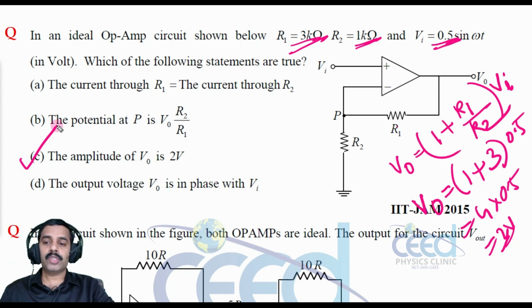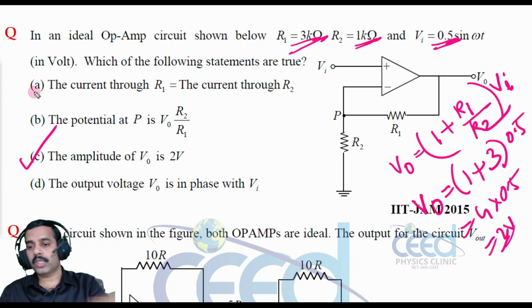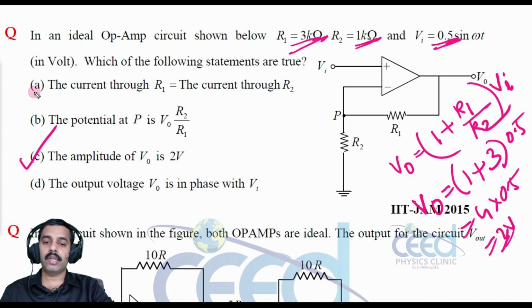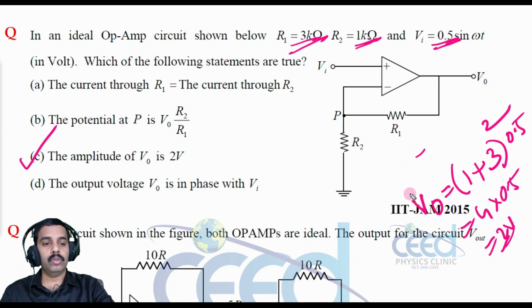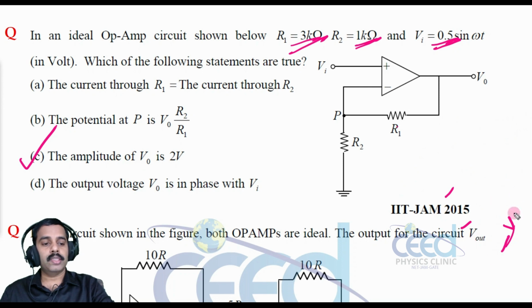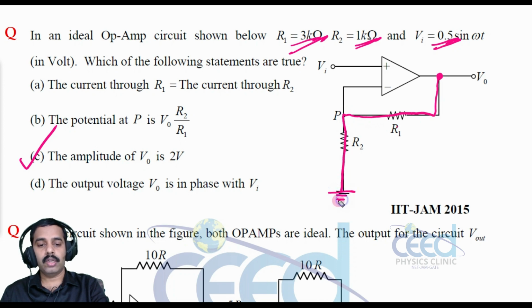Now let me check the first option. The current through R1 is equal to the current through R2. That is correct, because this is my output. From this output, a fraction is fed back through this path. Current through R1 and R2 is equal because the current never enters this region. Why?